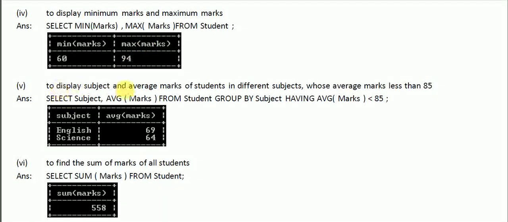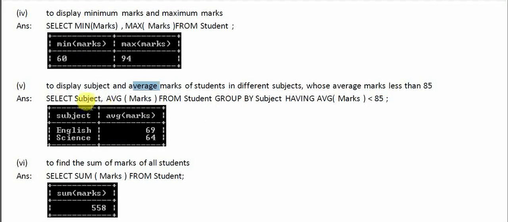Then next, to display subject and average marks of students in different subjects. So you want to display the subject and the average marks of different subjects whose average marks is less than 85. So here we have to apply a condition. First we have to group them into subjects, and after that we have to find the average marks less than 85.